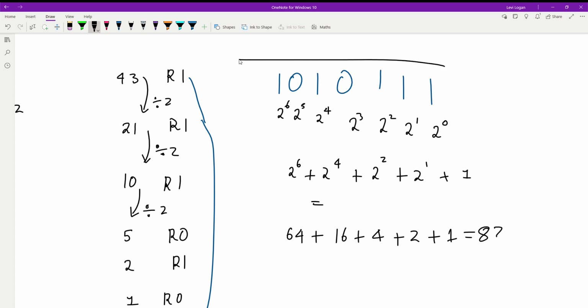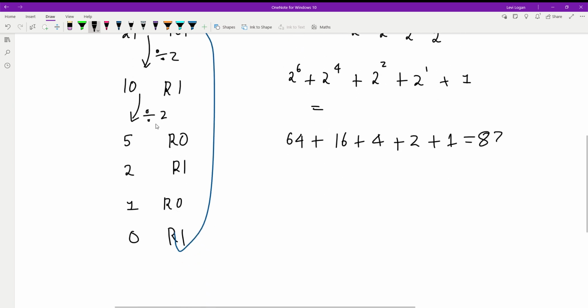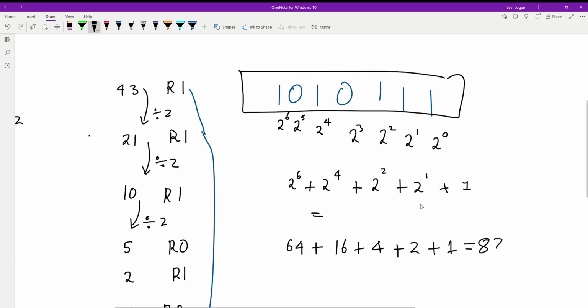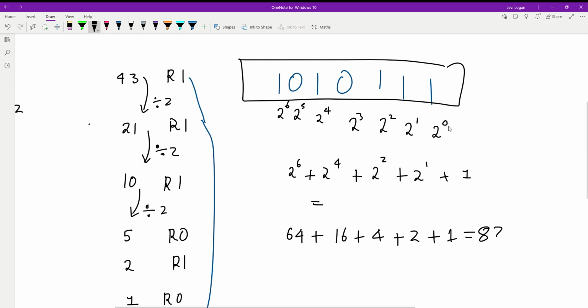So this is the correct binary number for 87. What you do is take whatever number you have, write its remainder, and keep doing that. To convert back, you write the powers of 2 starting from 0 on the right side, go to the left, and fill it out.